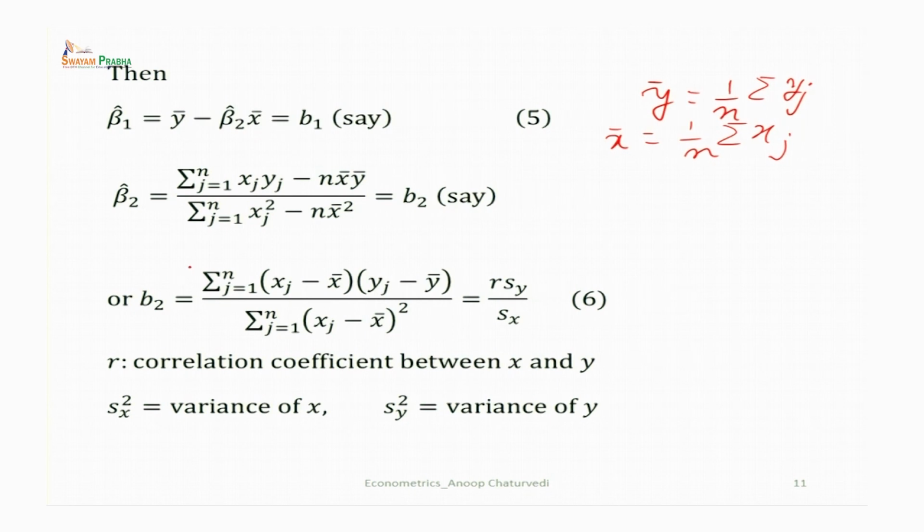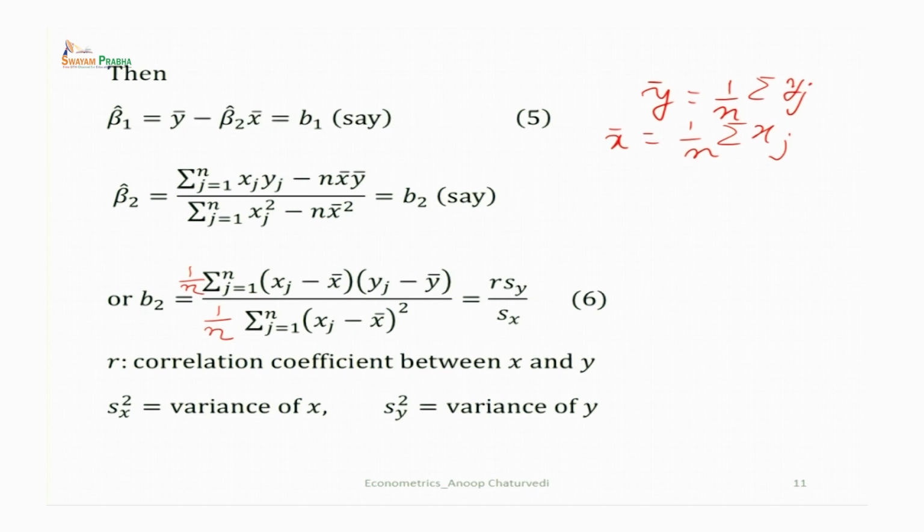If we divide both the numerator and denominator by n, the numerator gives you the covariance between x and y, and the denominator gives you the variance of x.